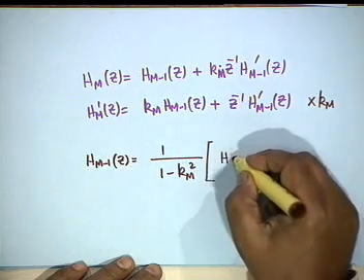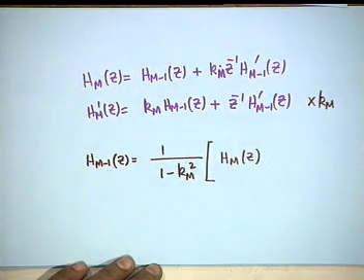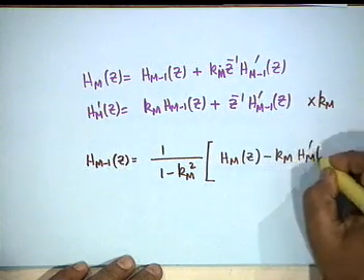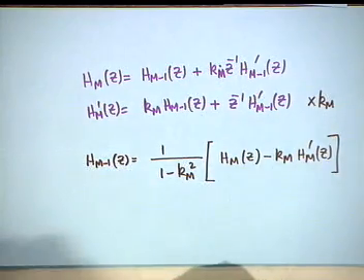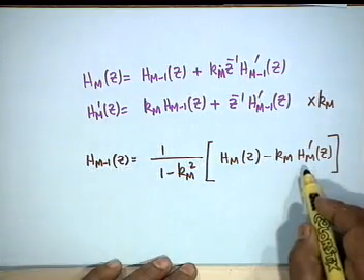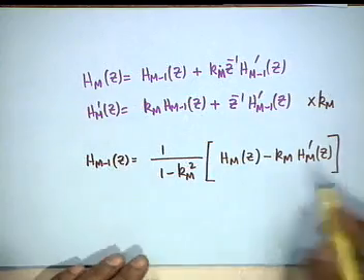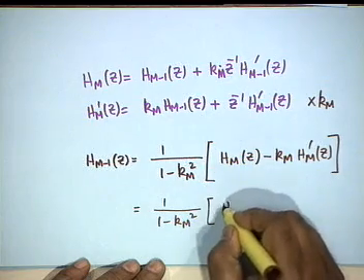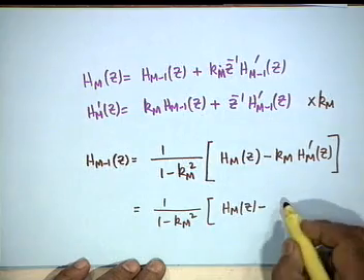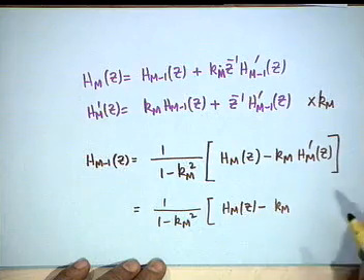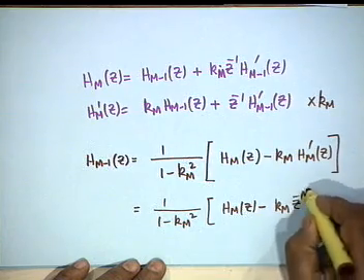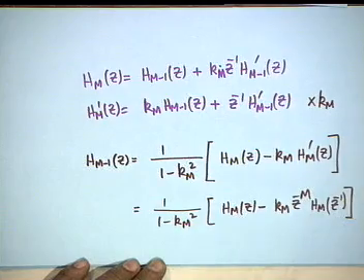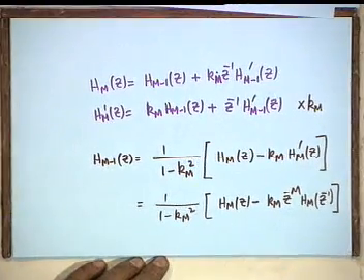So, what do we get here? H_m(z) minus k_m H'_m(z). We have not yet gotten rid of H'_m. It is at this point that we get rid of it. That is, we write this as 1 minus k_m squared times H_{m-1}(z) equals H_m(z) minus k_m z^{-m} H_m(z^{-1}).